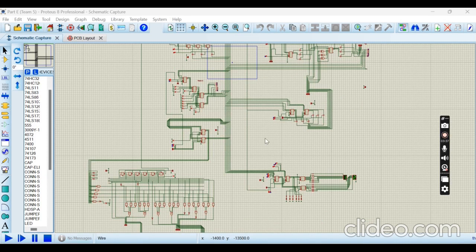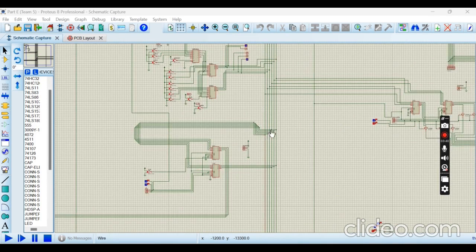The instruction register, as we can see, let me zoom very well, 6 bits are directly coming from the bus bar to the instruction register, and also 3 bits are coming from the instruction register to the bus bar. 6 bits from the bus bar to the register, and the output will be 3.